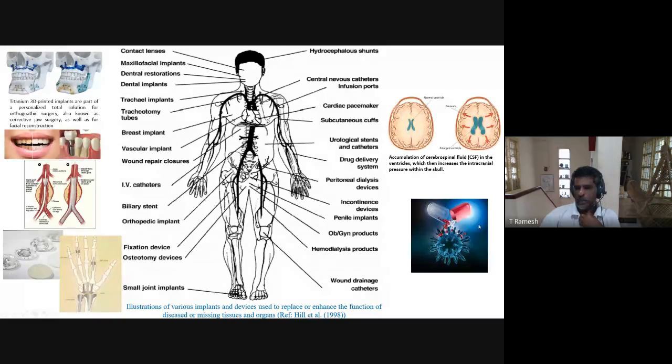So this is one such biomedical device which is not used for repairing and reconstruction, but for treatment. Now this is a device called a micro robo, which is controlled from outside.